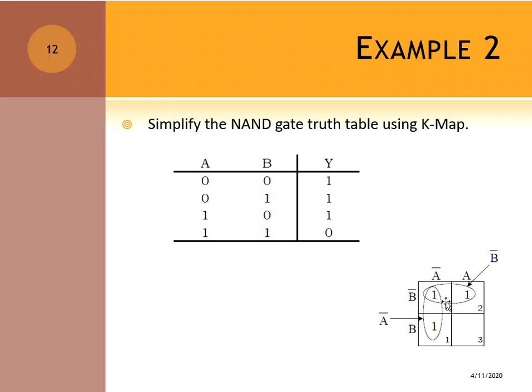Next, you create loops for the adjacent ones. So you're going to have two loops here. Then you find the common term for the horizontal loop. This one, the common term is B bar. Next, for the vertical one, the common term is A bar.